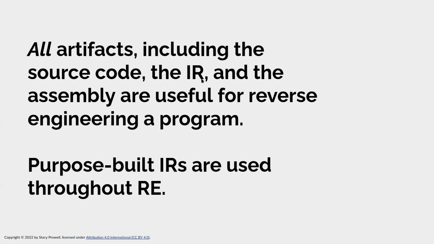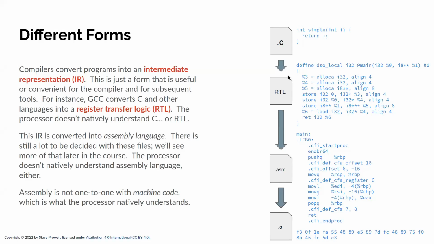But these intermediate representations, these IRs, these things that live between your source and your object are all useful. Assembly is one we'll use the most, but a lot of times things can be pretty obscure in assembly, and you can lift it to something like an RTL. You can do your analysis up here, and there are lots of tools that do exactly that.